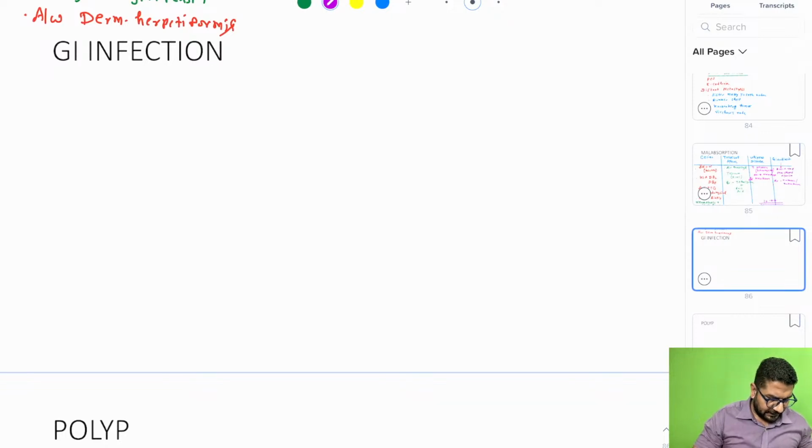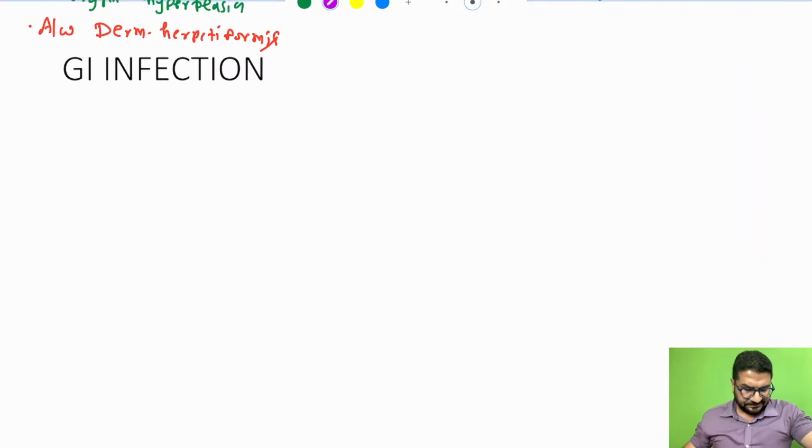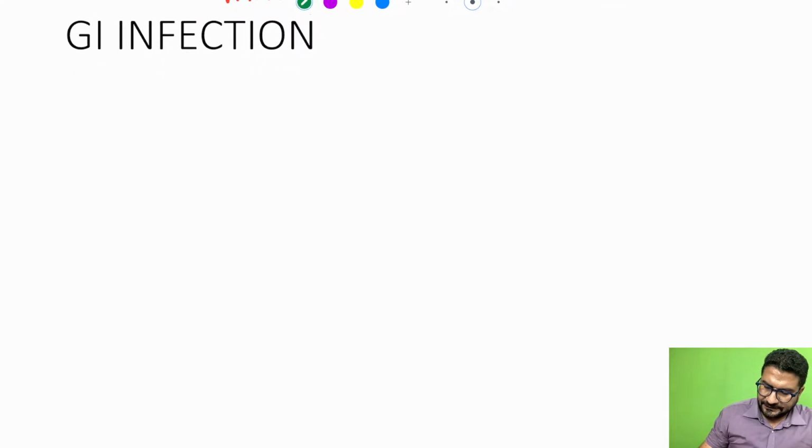Okay guys, now let's talk about some GI infections. थोड़े से GI के इन्फेक्शन के बारे में बात करते हैं. Now try to understand, in the GI tract we have different types of infections. So starting with the first infection, they ask you in exam, it is enteric fever or typhoid.